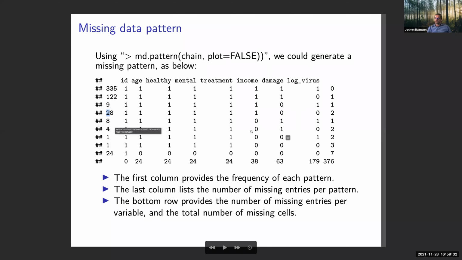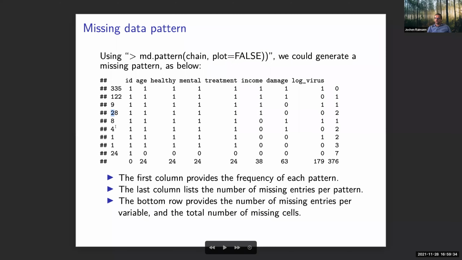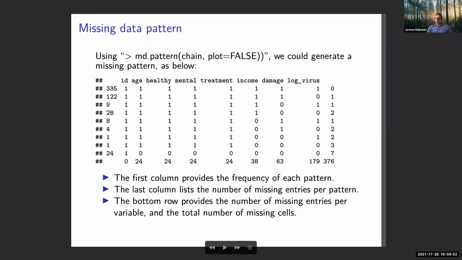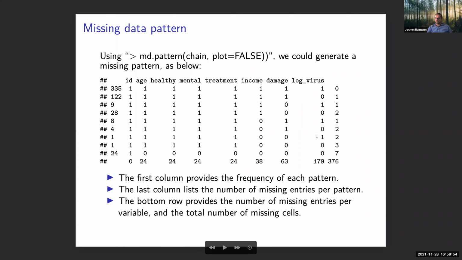And so essentially you can complete the count down, completing your data set and your inspection. By that, you know which data is missing and what the pattern of this missingness is. The first column provides the frequency, the last column the number of missing entries, and the bottom row provides the number of missing entries per variable.